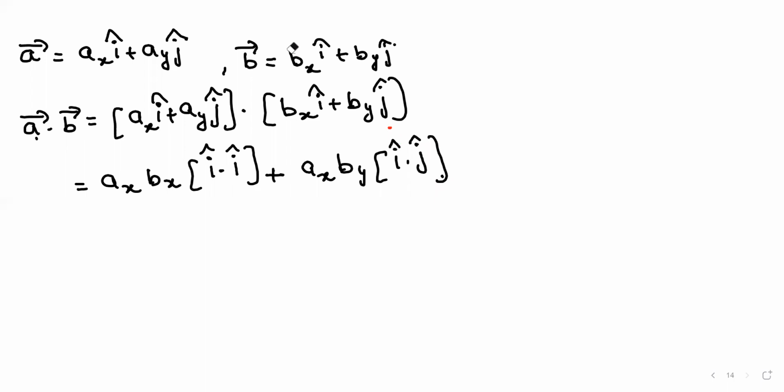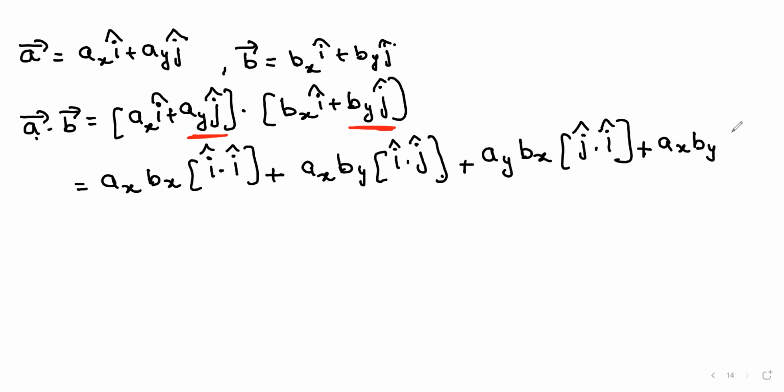Then we multiply AYj and BXi, so plus AY BX into j dot i. Then we multiply this one with this one. So then we get AY BY into j dot j.